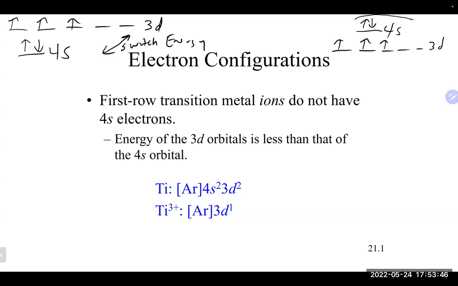We will lose those s's first. If you need more than 2 electrons, then you would dig down into the d's at that point. So when you write electron configuration, you should have the s's come first and then the d's, because that is what is sometimes referred to as filling order.